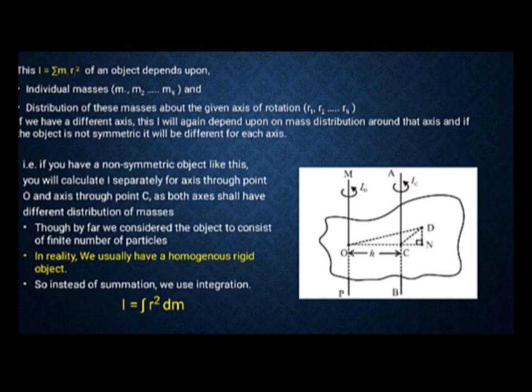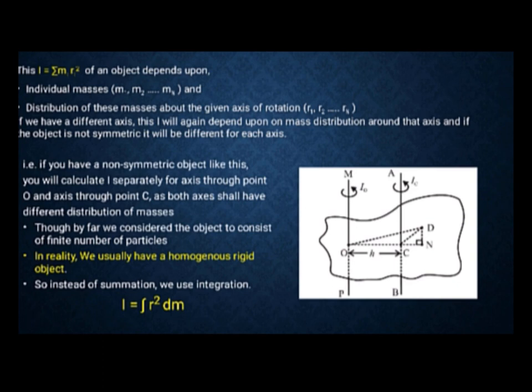This I is equal to the summation of mi ri square. The moment of inertia of an object depends on its masses and the distribution of masses about the axis of rotation, which is the distance from the axis of rotation.